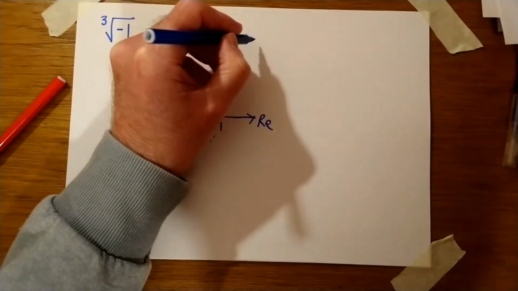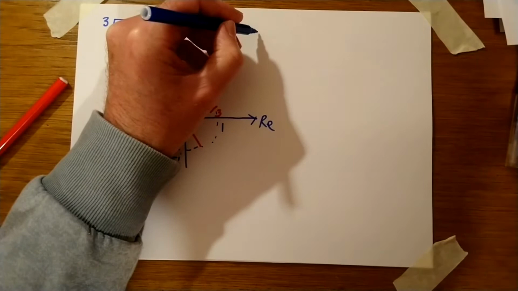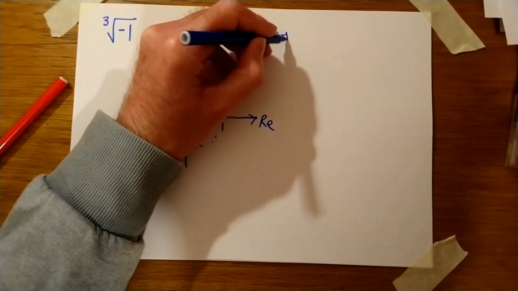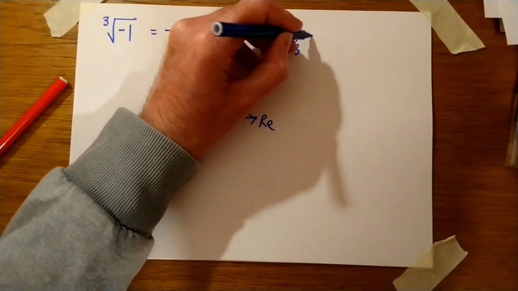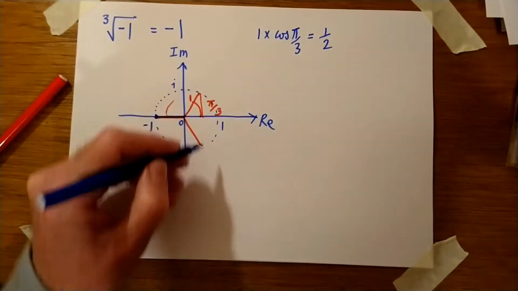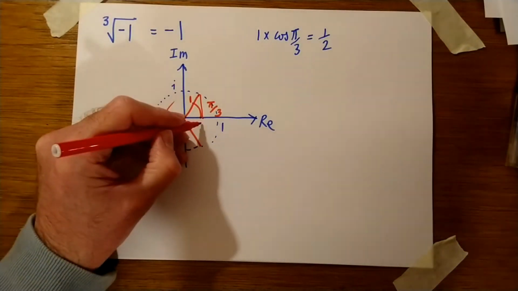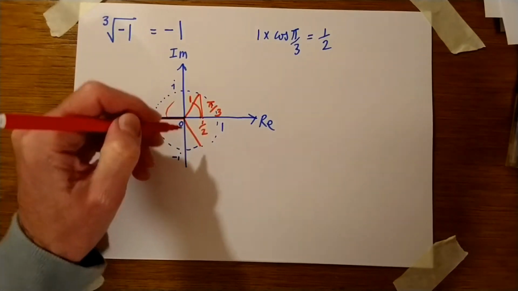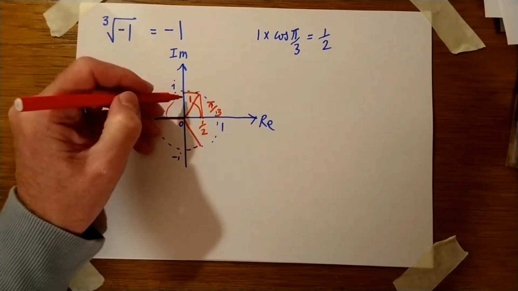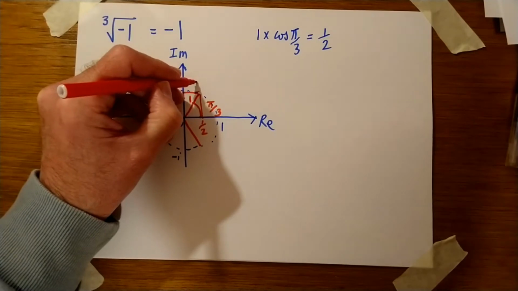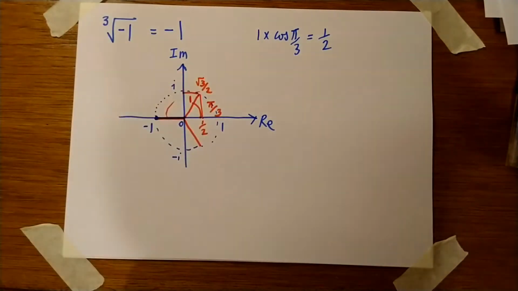So the real part is going to be 1 times cos of pi over 3, which is simply equal to 1/2. So this point here is 1/2, and then the height here is going to be 1 times sine pi over 3, so that's going to be √3/2.